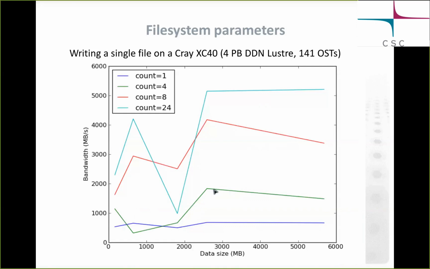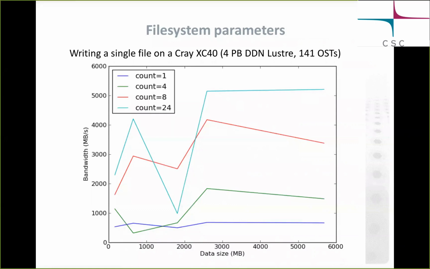And also, if you keep on increasing the Lustre striping, again with large enough file sizes, there's a huge difference. There's a factor of 5 at least, or more, between striping over just the default one and having a stripe factor of 24 here. So in order to get the full bandwidth out of the Lustre file system, you have to stripe over many of those OSTs.